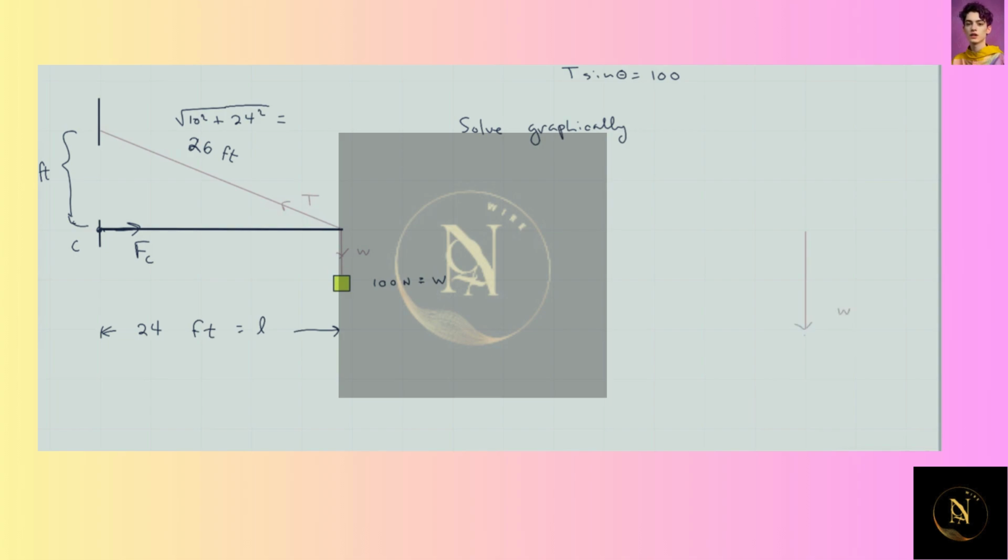Now, the tension has to connect back up to the horizontal after moving, let's see, 10 feet up, which would be 2 squares up, and that'd be 24 feet over. That would be, let's see, 10 feet, 20 feet, approximately there.